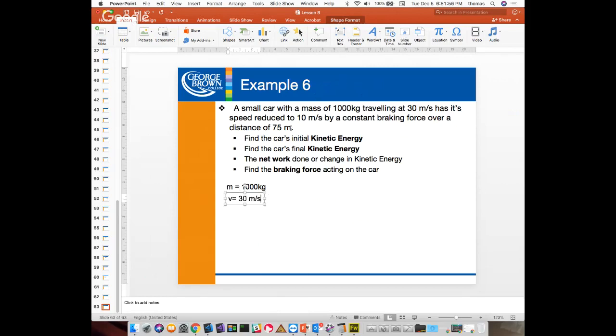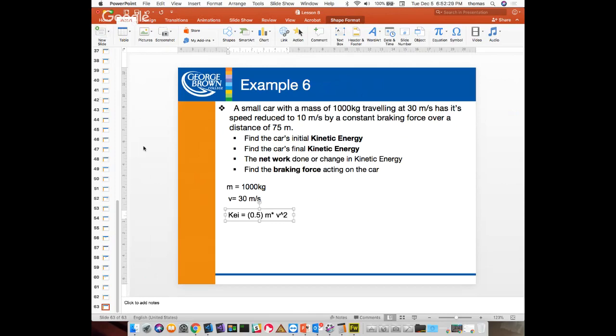So this is the initial kinetic energy. How do we find kinetic energy? Well, we know that the initial kinetic energy is equal to 1/2 mv squared, that's 0.5 times m times v, using that caret again, squared.